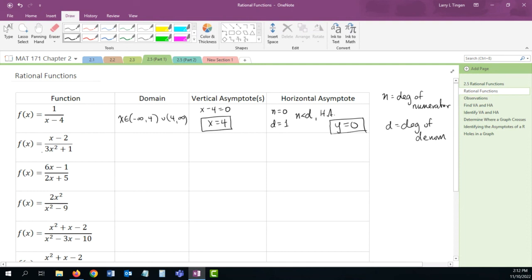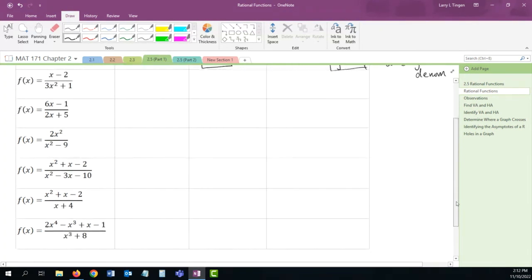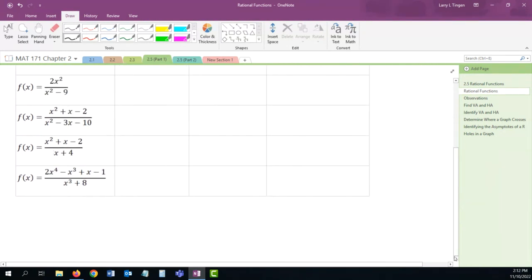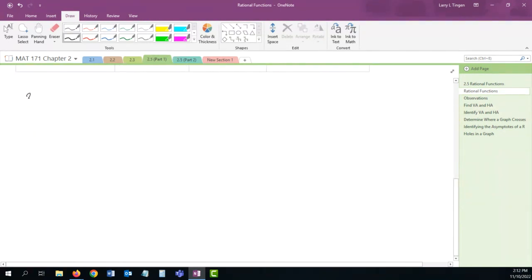The next one, I've got 3x squared plus 1 as my denominator. Do I have any domain issues there? Let's find out. Remember, variable in the denominator: take the denominator, set it equal to 0, solve.